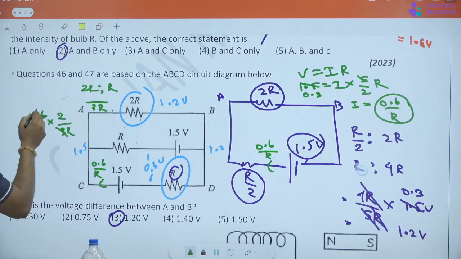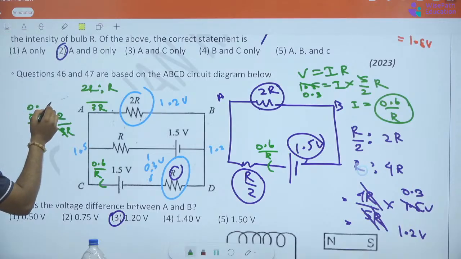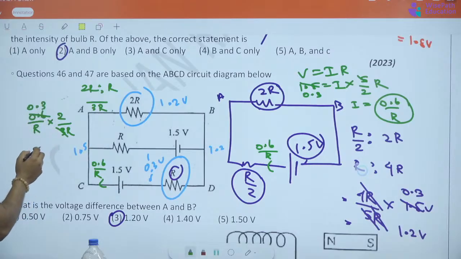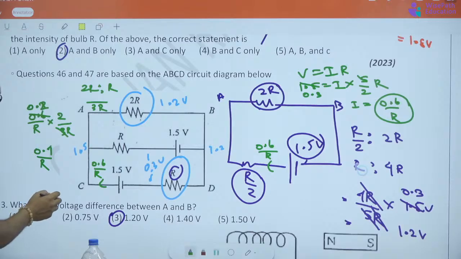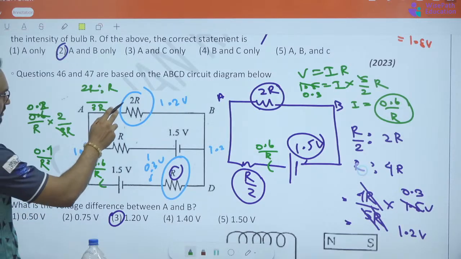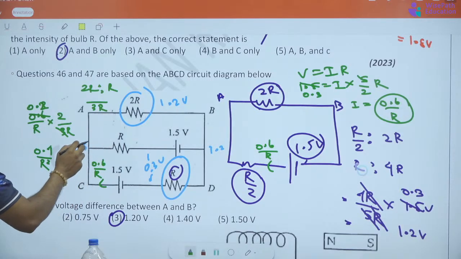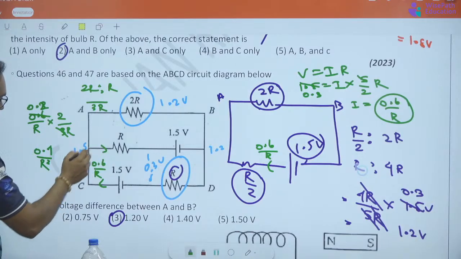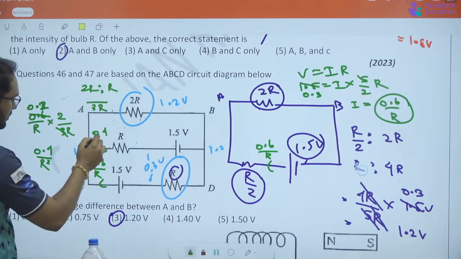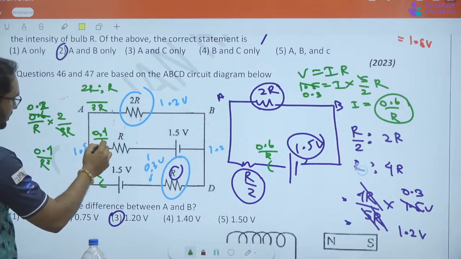That will be 0.4, right? If you multiply this, 0.4 divided by R square of current will be moving through this. It's 0.4 divided by R square.